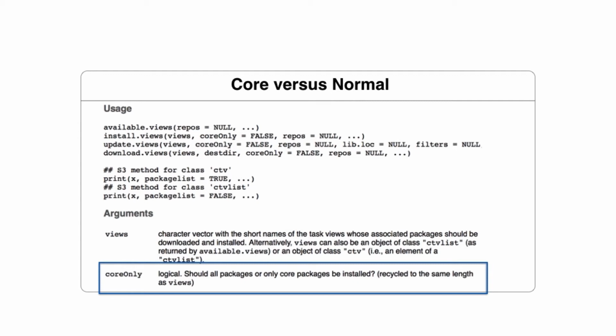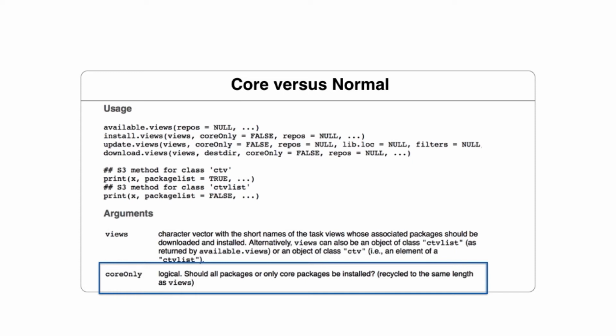And then note here, there is something known as coreOnly equals FALSE, which means the coreOnly argument is a binary argument. It's a Boolean argument, which means coreOnly can be either TRUE or FALSE. Why is this important? Because if you put coreOnly equals FALSE, then you will be pulling in everything in the task view.